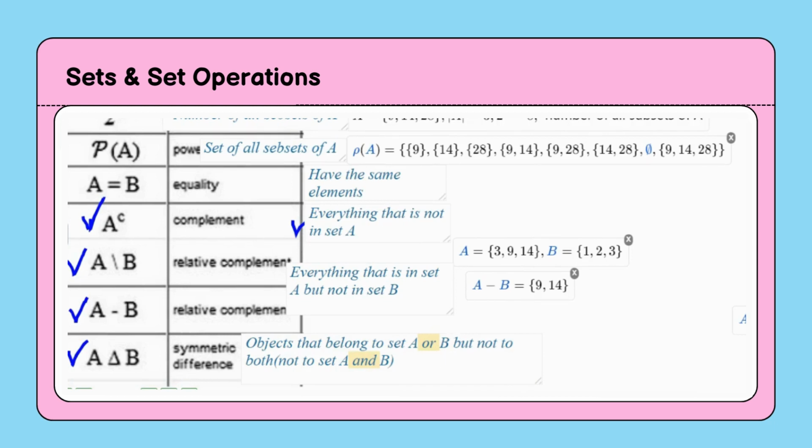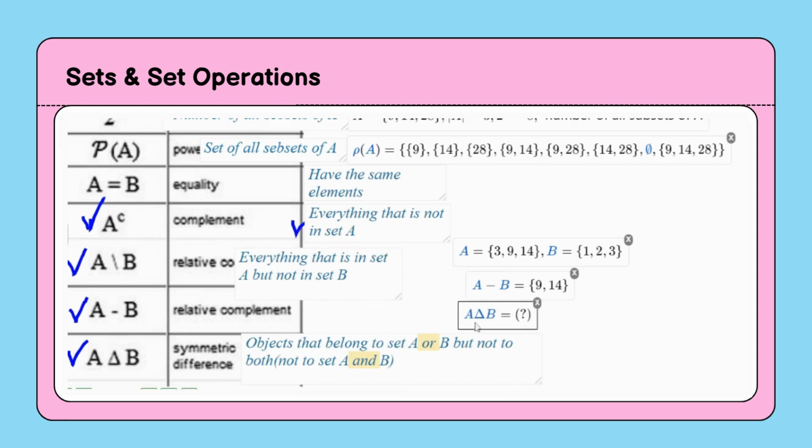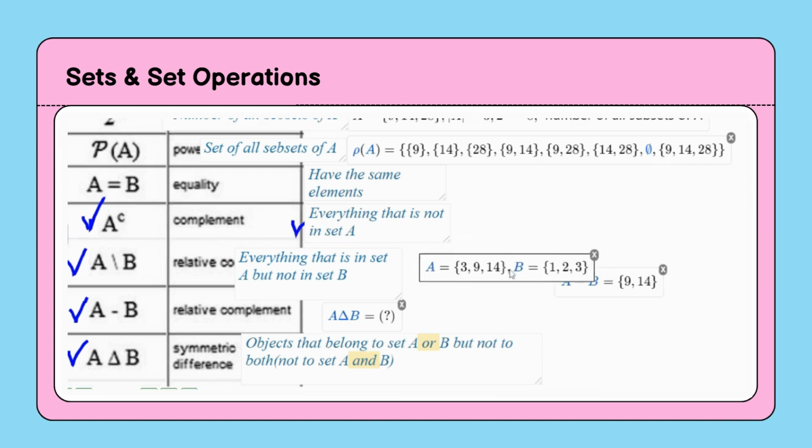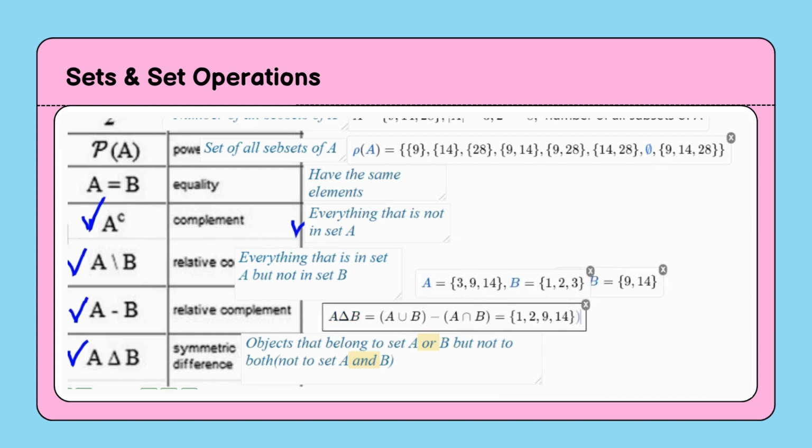The symmetric difference, which is very interesting, are objects that belong to set A or set B, but not to both of them. So not to set A and set B. So you might remember and or from the previous slide, which were union and intersection. This is how we also can write delta or symmetric difference.